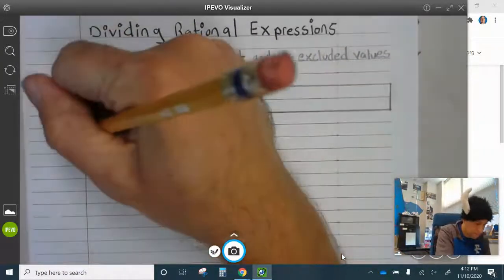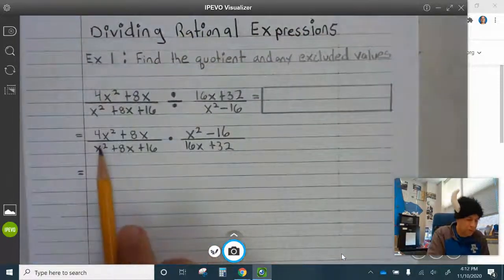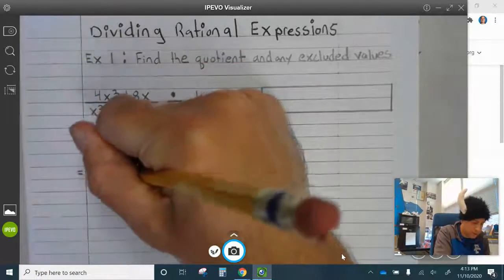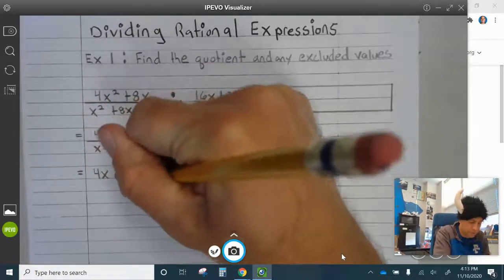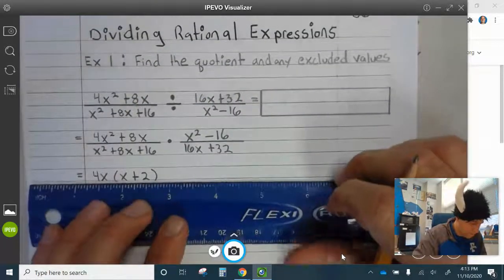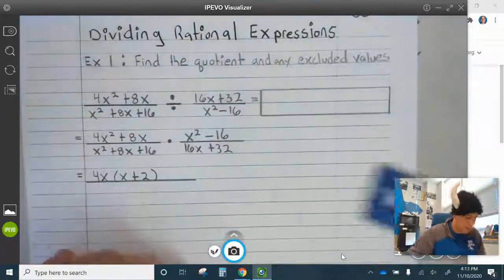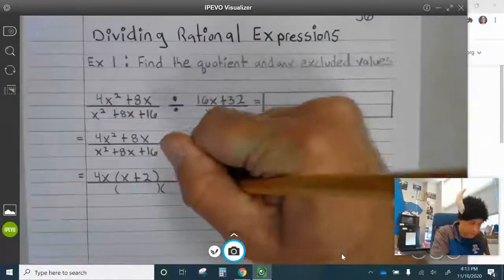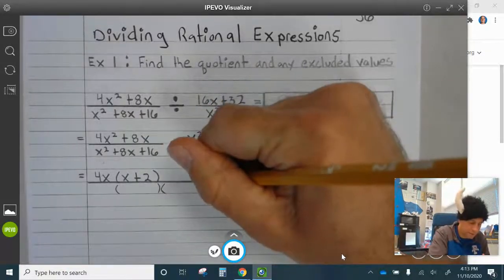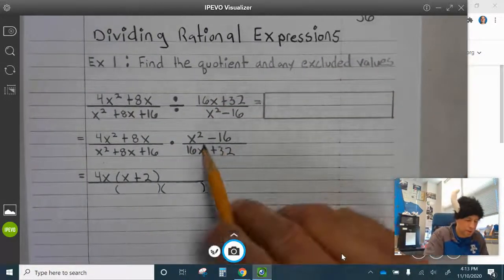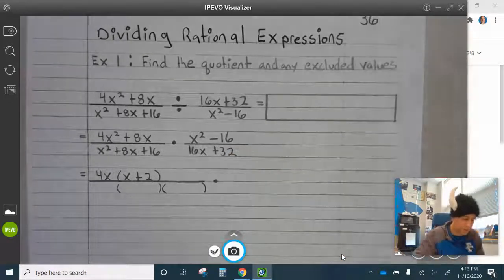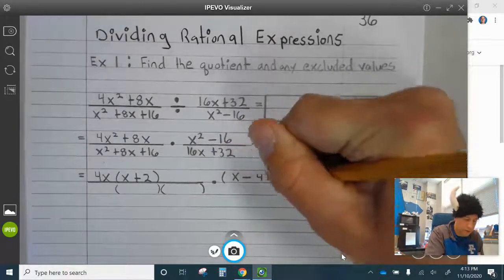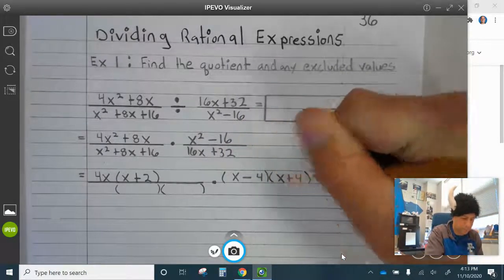So here we can factor out a 4x from both terms, so that's 4x, which leaves x plus 2, divided by, now we know x squared, 2 parentheses, times, okay, now x squared minus 16 is a difference of squares, so we know that this is parentheses x minus 4, x plus 4.